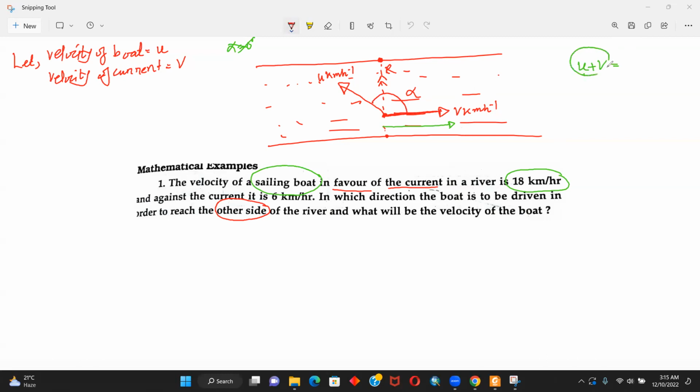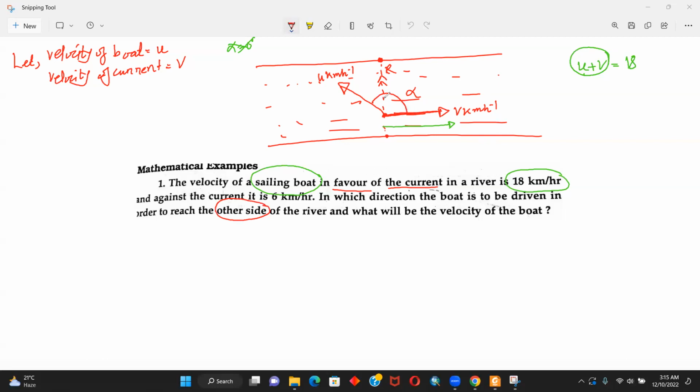That means the total velocity of the sailing boat, the resultant velocity, is u plus v, right? So u plus v equals 18, because in favor of the current it is 18 kilometers per hour. Understand my point?